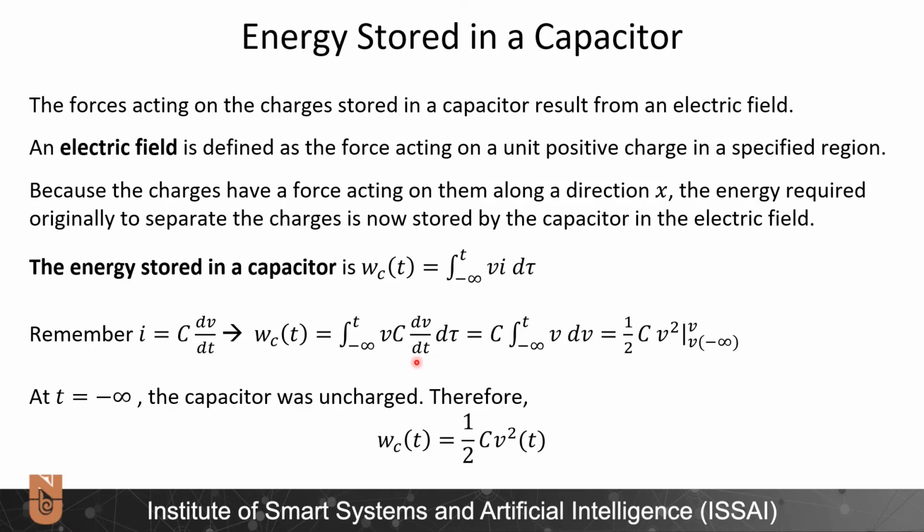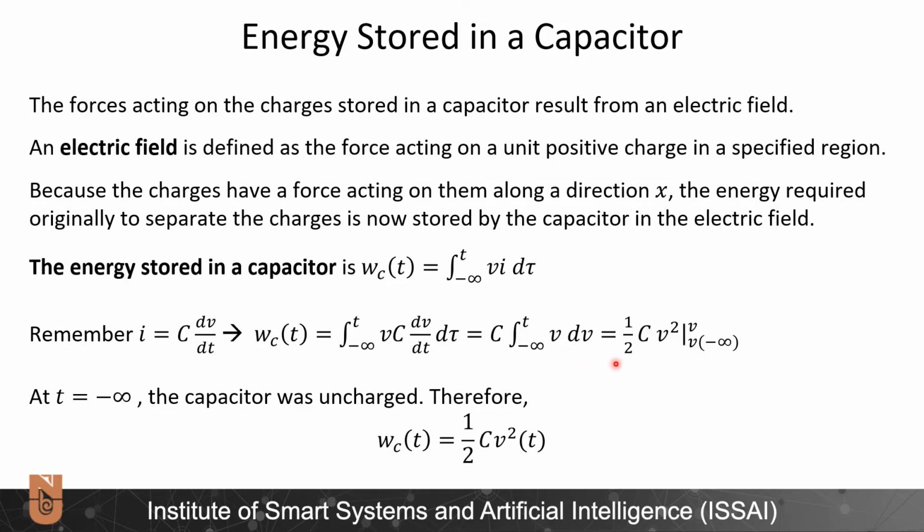expression. And when we look at this expression, if we take C outside of here, then we realize that we need to take an integral in the form of C times an integral from minus infinity till t of v dv. And accordingly, when I take this integral, it is independent of the time.